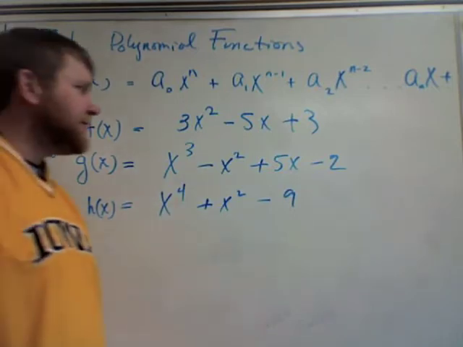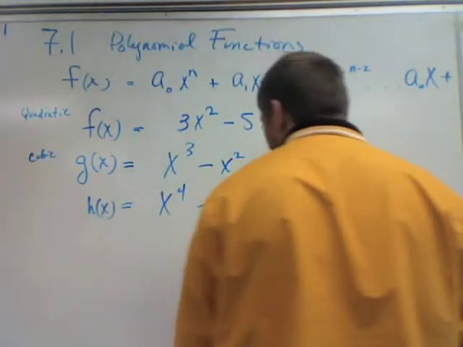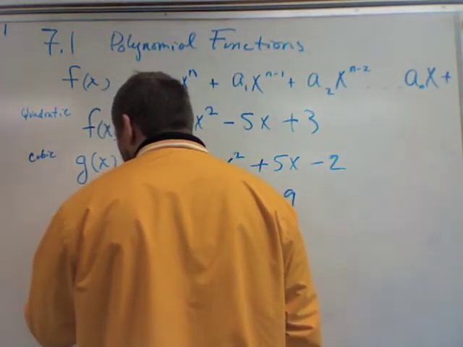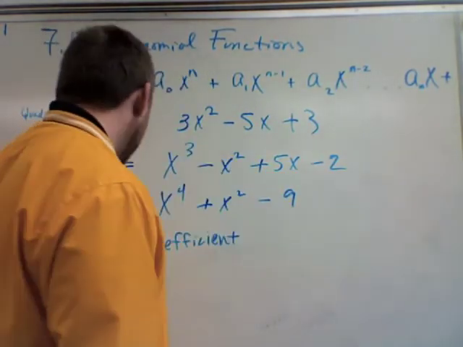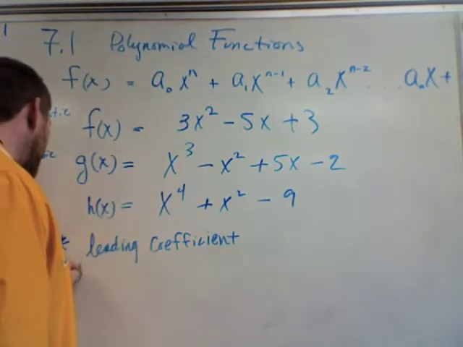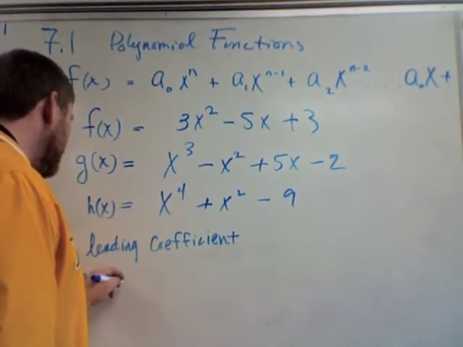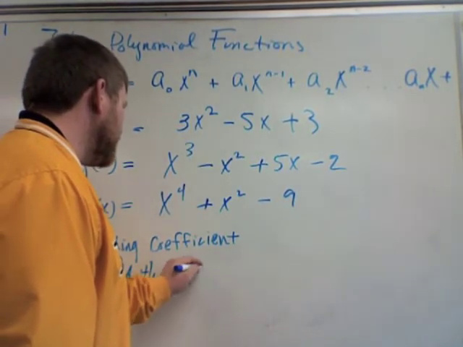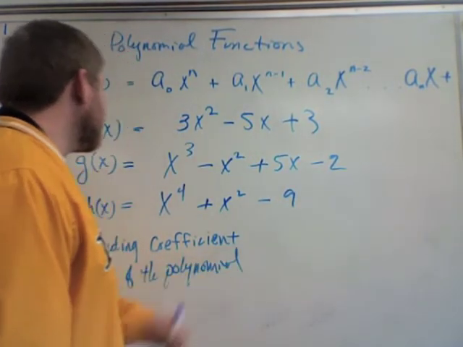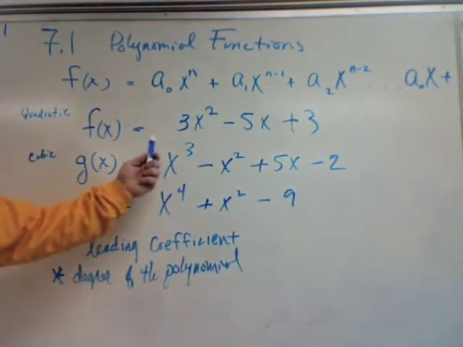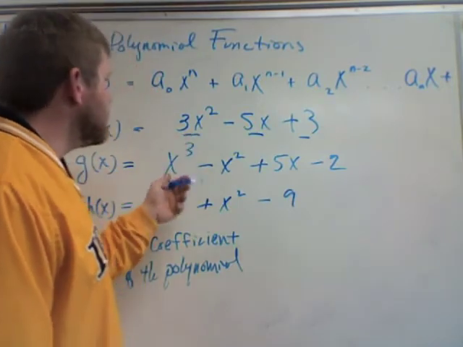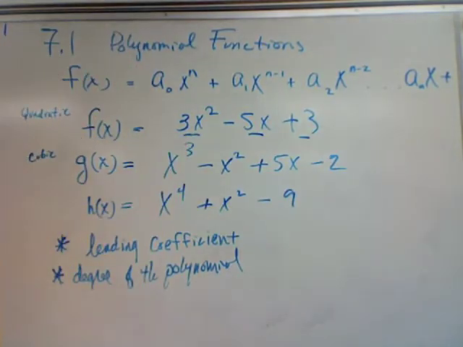All right. Now, just some terminology that we need to remember. The degree of the polynomial, we kind of discussed that already. The degree of the polynomial is the highest degree term. Well, obviously it's the 3x squared term in the first one, therefore it's a quadratic.